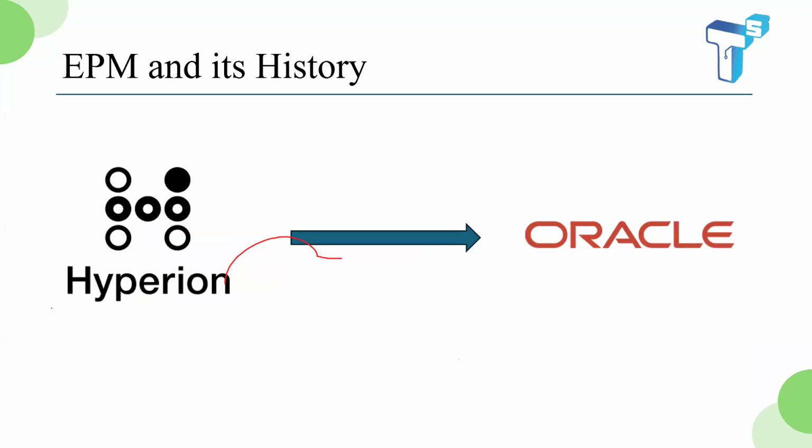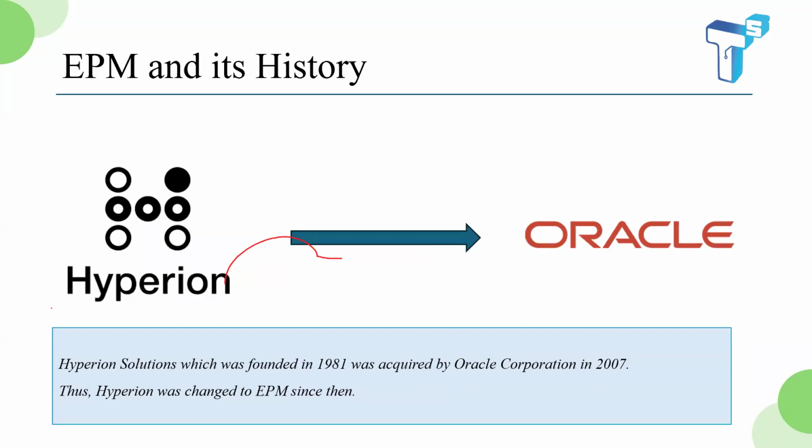Where did this EPM actually start? This EPM was initially called Hyperion Solutions, because this solution was built by a company called Hyperion, which was founded in 1981, and later Hyperion was acquired by Oracle Corporation in 2007. Why?